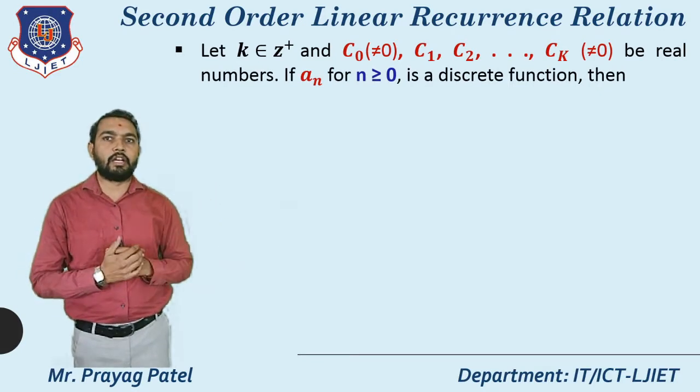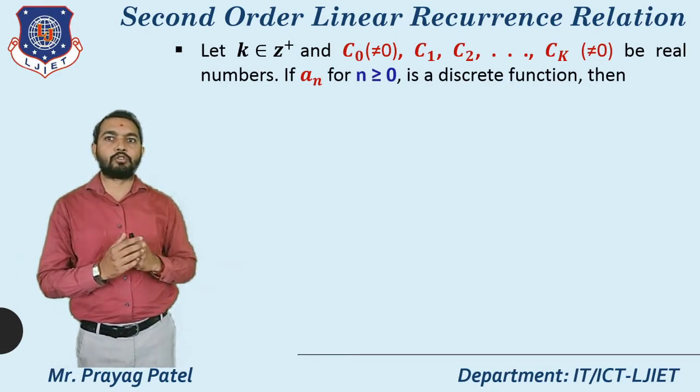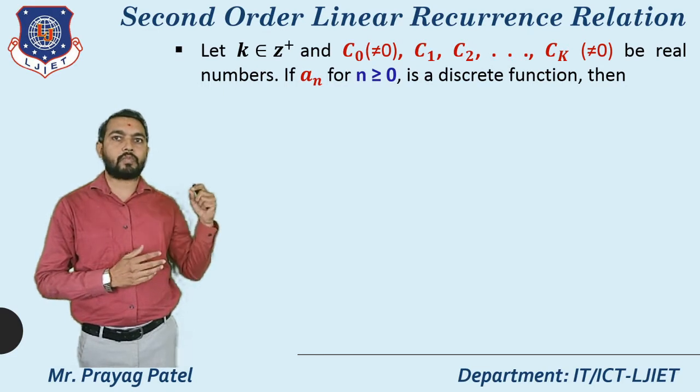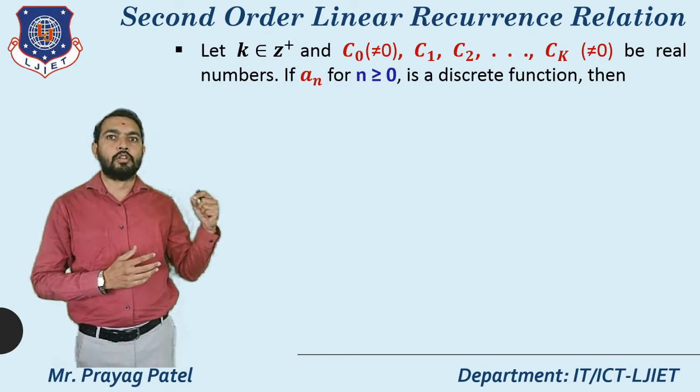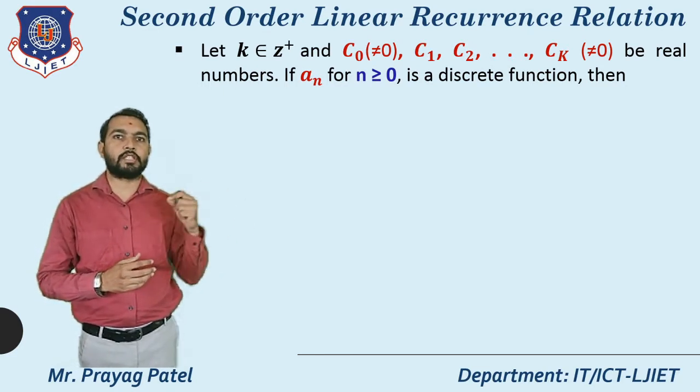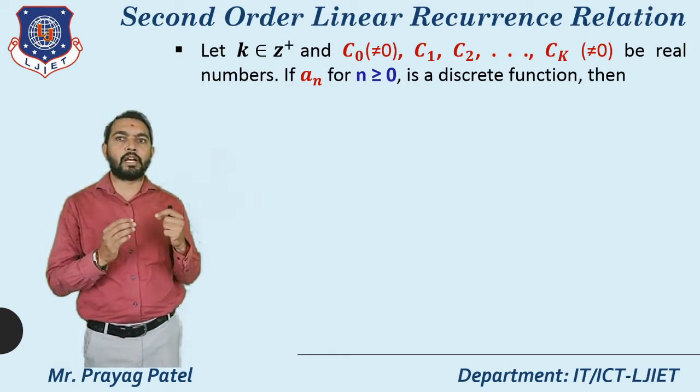So in the linear recurrence relation, let k belong to Z plus, and C0 not equal to 0, C1, C2 up to Ck not equal to 0 be real numbers.